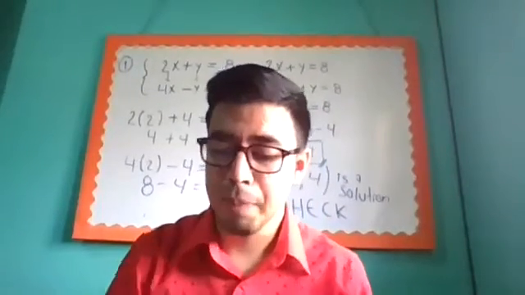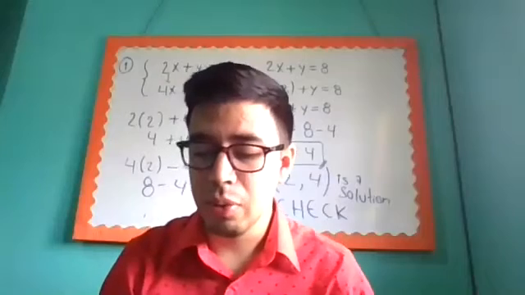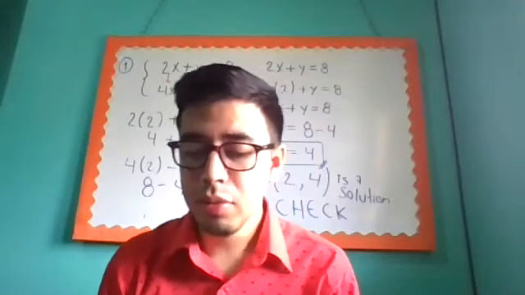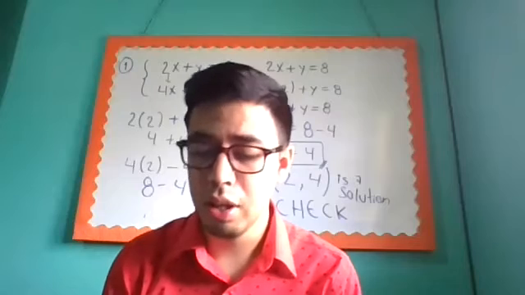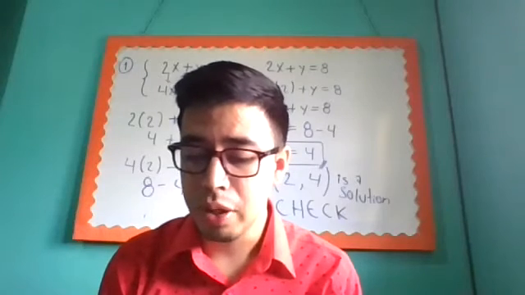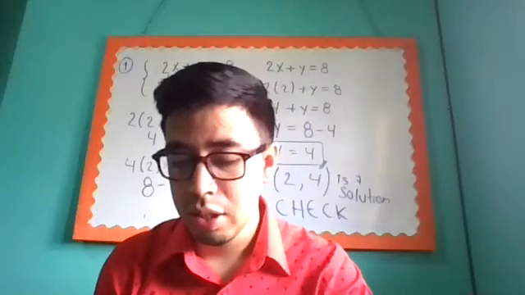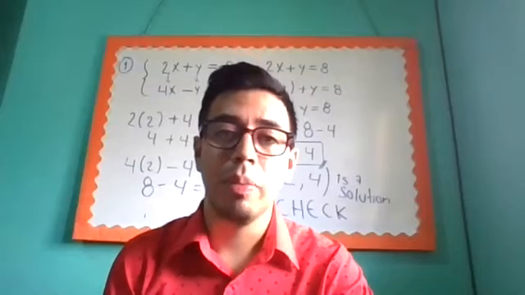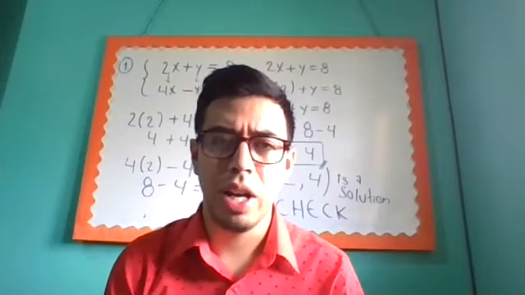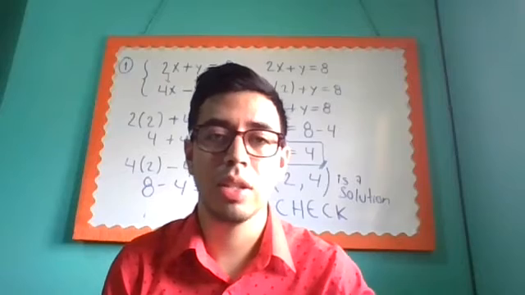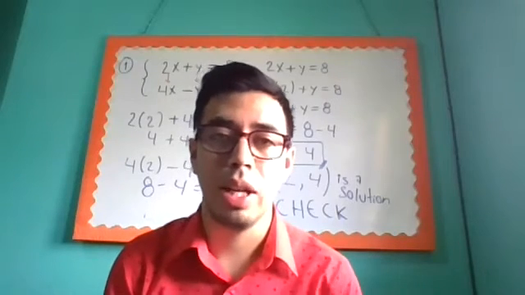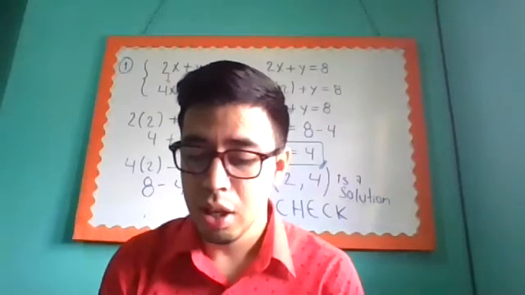So, okay. Then for the second one, we are going to read it. Hannah is helping her younger brother to learn to count money. She gave her brother a total of 20 coins, nickels and pennies. Okay, so we are going to define what variable is for the nickels and what variable is for the pennies. We need to write it, okay?